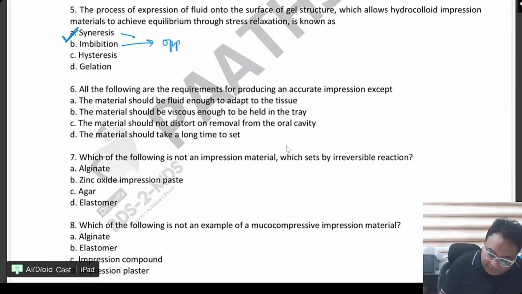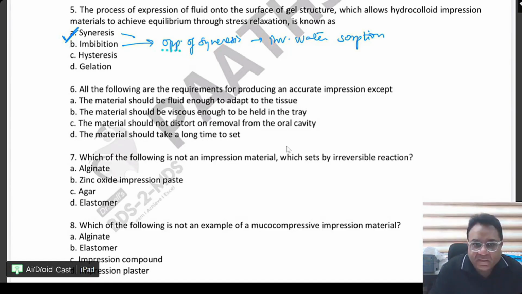Imbibition. It involves water absorption. Imbibition is opposite of syneresis.